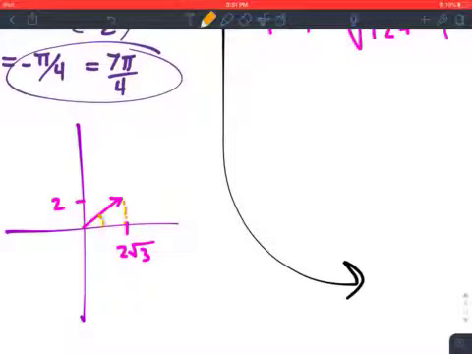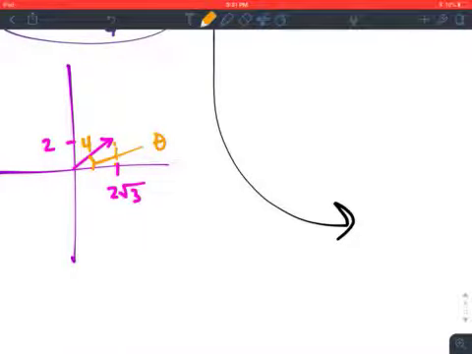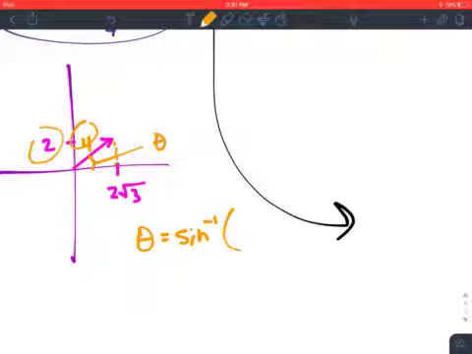And if we want to find theta, we again set up a right triangle. And I think the easiest numbers to work with are 2 and 4, and that is the opposite and hypotenuse. So I'm going to use sine again. Theta is equal to sine inverse, opposite is 2, hypotenuse is 4.